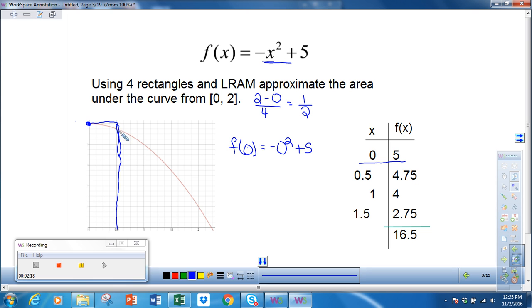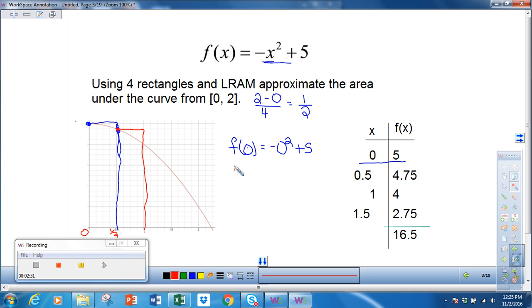Then I'm going to go to the next most left part of that curve. Let me get a different color. Now at the next leftmost part of that curve, I'm going to draw another rectangle. Let's see if I can draw this line straighter. Oh, I'm a little bit better this time. Okay. So this time each interval is a half. I start at 0, and so this is a half.